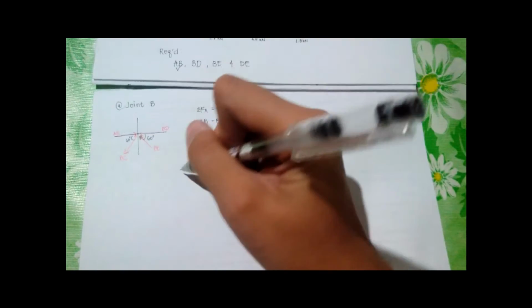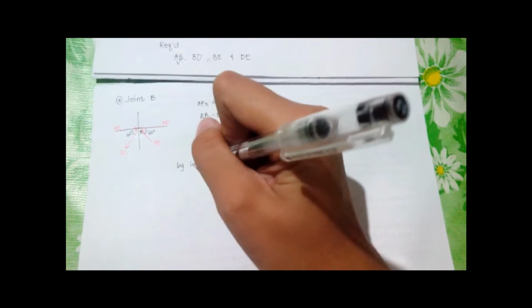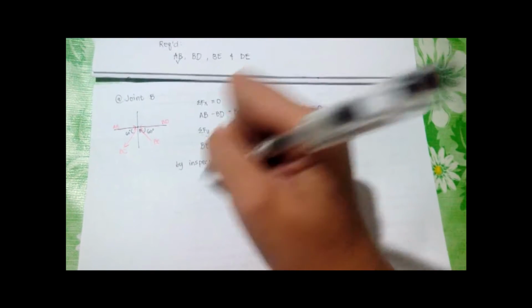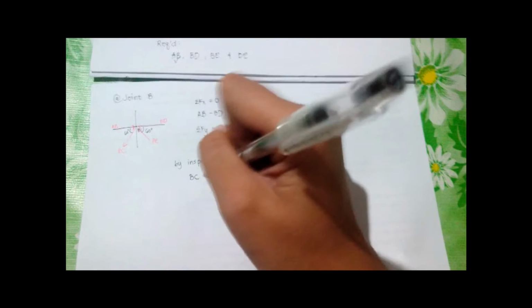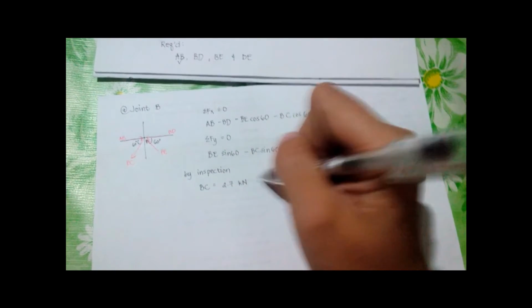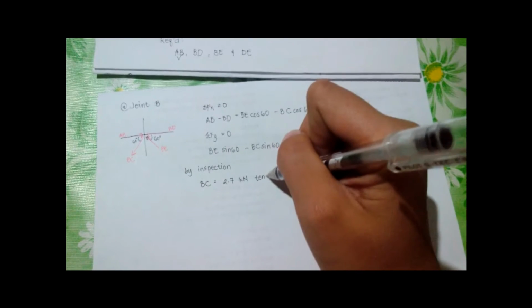So by inspection, BC is 2.7 kilonewton tension.